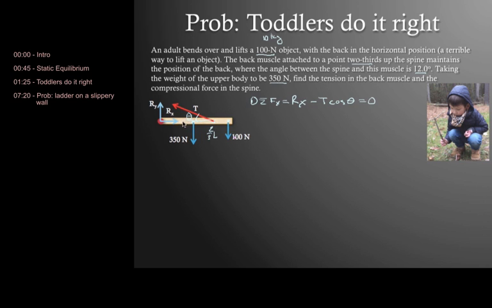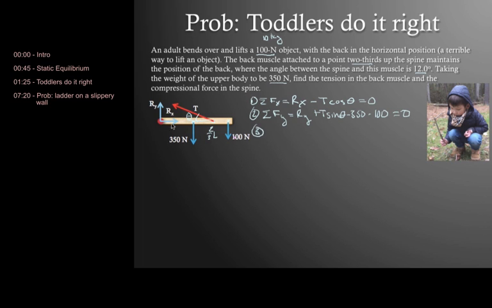This object isn't accelerating to the right or up or down, or even having any angular acceleration. So let's look at the y direction. We're going to have Ry plus T sine theta minus 350 newtons minus 100 newtons equal to 0.